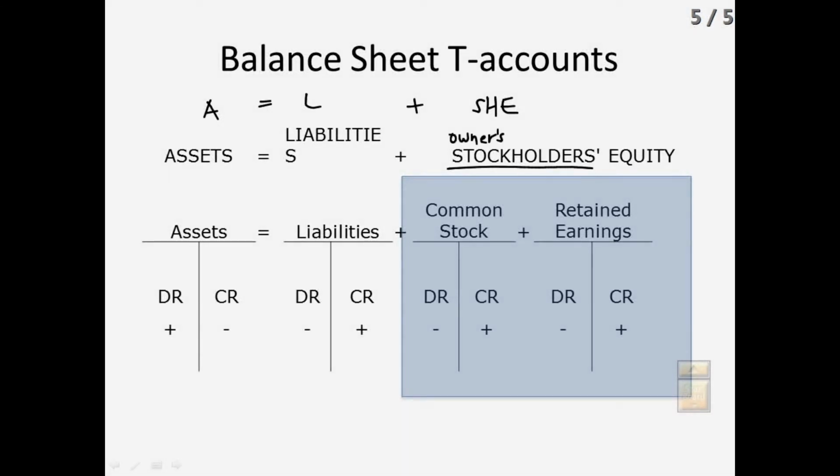Sometimes you'll just see owner's equity. They're all synonymous. Don't worry about it too much. Whatever you choose to use is fine with me. But owner's equity is split into two types of accounts. There's more separation than this, but this is just trying to give you a sense of what kind of things can happen.